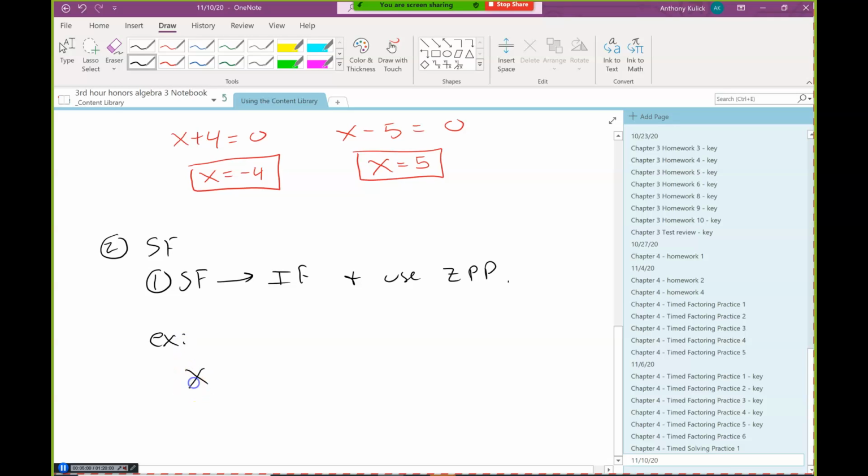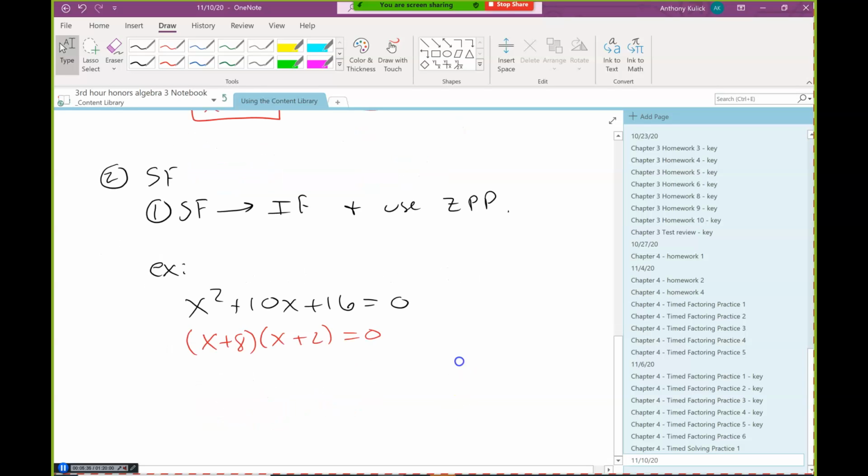So for example, let's say we have x squared plus 10x plus 16 equal to 0. That's a standard form polynomial, right? How can I convert it to intercept form? We factor it, right? So we need two numbers that multiply to give us 16 and add to give us 10. Those two numbers would be 8 and 2. So we can write this as (x plus 8)(x plus 2) equal to 0. Okay there?